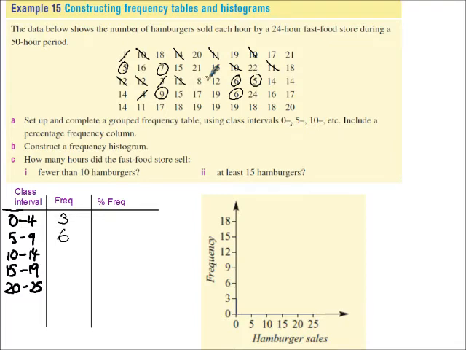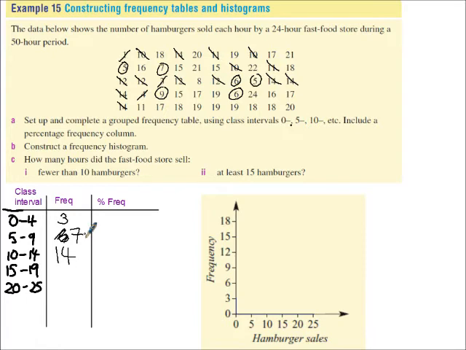Oh, I missed an 8. I'll come back to that. 10, 11, 12, 13, 14. And I missed this 8 here, so I think that has to go up to 7.